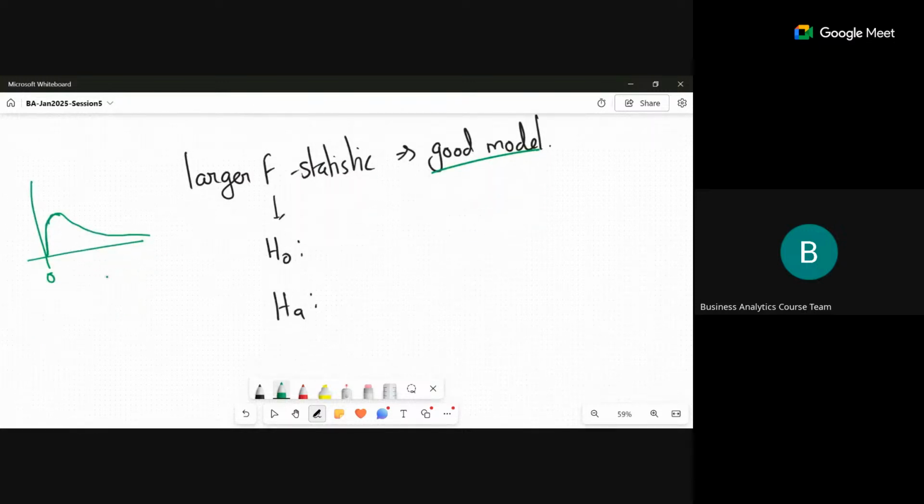So it will be a positively skewed curve. 0 is where it starts, and it goes up to infinity. You have a cutoff value at this point. So larger F means this is the rejection area. This becomes your rejection region. So when I say good model, I must reject H naught.